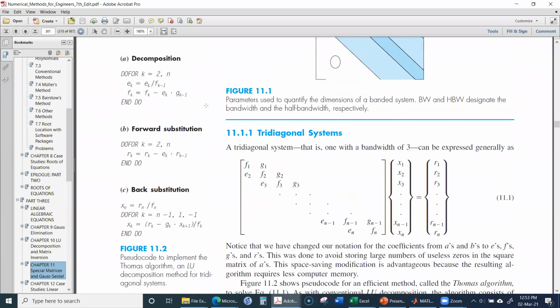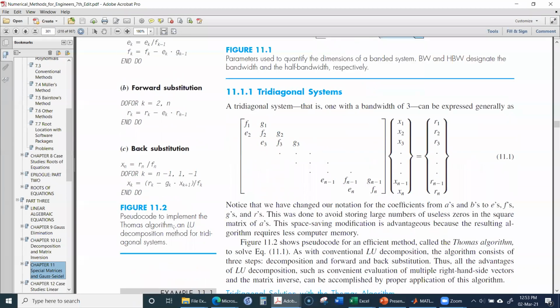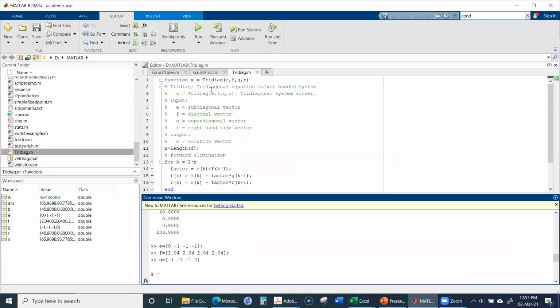It was the Thomas LU decomposition, that is the Thomas method. So the pseudocode to implement the Thomas algorithm is what is used in this tridiagonal script over here. So we have applied the Thomas method.